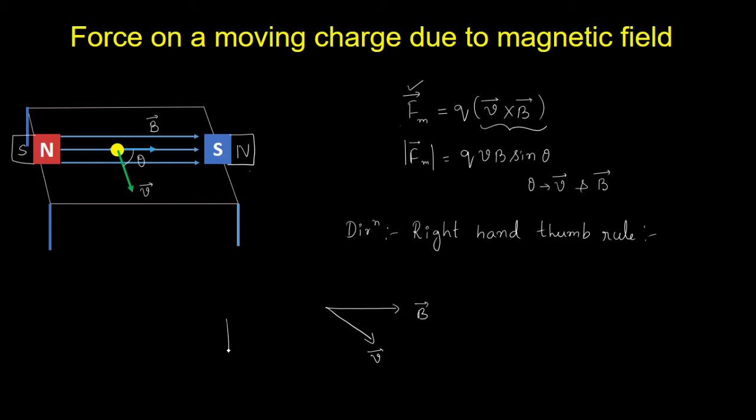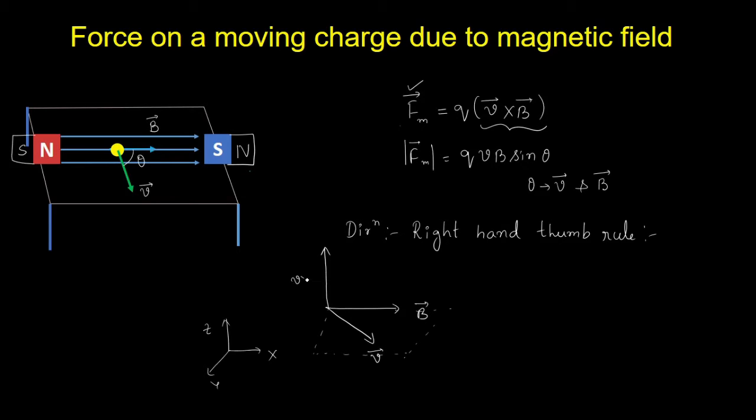So which is the plane containing V and B? Let me write the axis here. Say B is along the x-axis, right? So here V and B are in the xy plane. Therefore, the magnetic force will be along the z-axis.